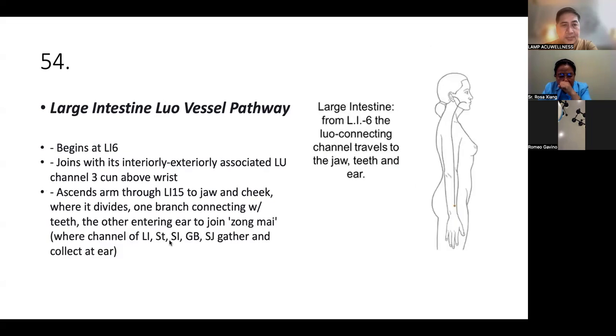It begins at LI 6, joins with its interiorly exteriorly associated lung channel, three cun above the wrist, ascends the arm through LI 15 to the jaw and cheek, where it divides: one branch connecting the teeth, the other entering the ear to join the Zongmai. So it begins at LI 6, the LI Luo-Connecting vessel pathway.